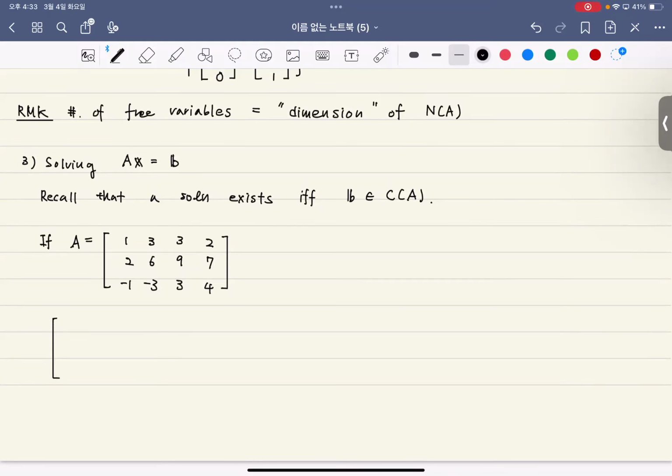How do I know whether any randomly chosen vector b is a member of the column space? There is a very nice way of identifying this. The matrix has rows 1, 3, 3, 2; 2, 6, 9, 7; and -1, -3, 3, 4, with unknowns u, v, w, y.